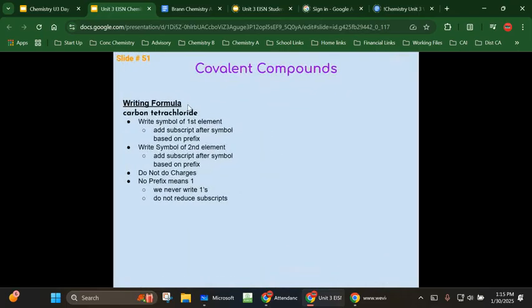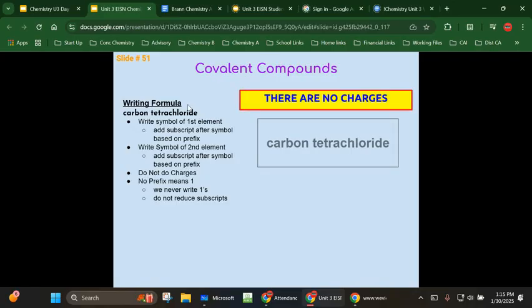Excellent. Amazing. Carbon tetrachloride. So, what element and how many begin our compound? 1 carbon. Tetra means what? 4 what?